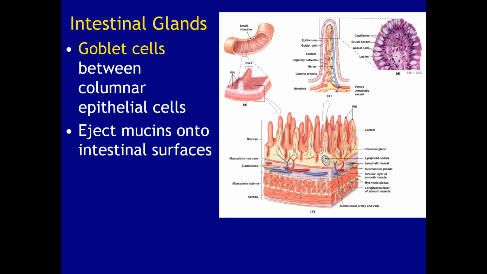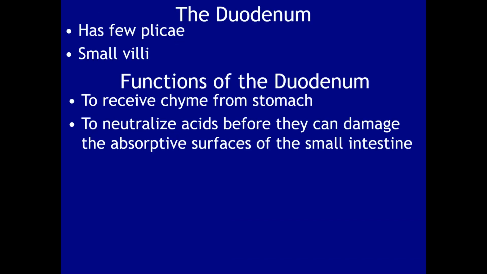The intestinal glands are also found in here. They're between the columnar epithelial cells, you can see right here, and they're going to allow for mucus to be pushed onto the surface of the intestine. The duodenum is different in that they have fewer plica than the jejunum, and they have small villi.